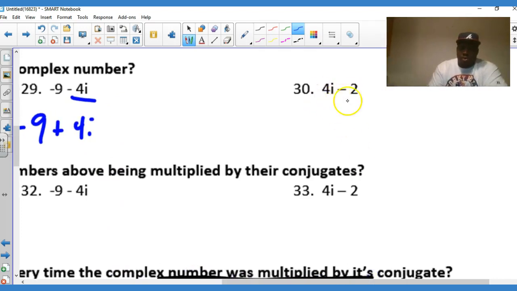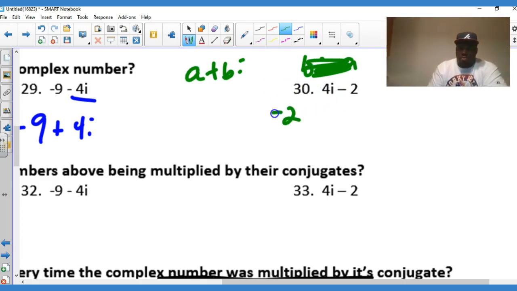For this one, notice this is not in standard form, a plus bi. This is written as bi minus a. So fix this, swap it around. If I swap this around, it's negative 2 plus 4i. See how it's positive? It's still positive. See how that's negative? It's still negative.